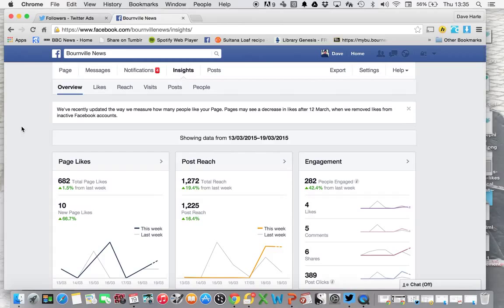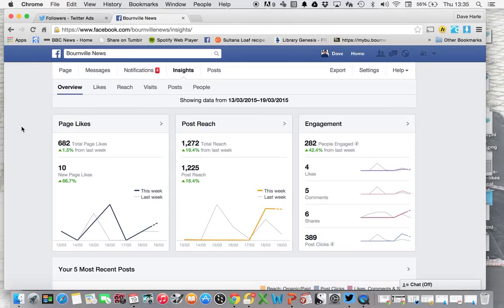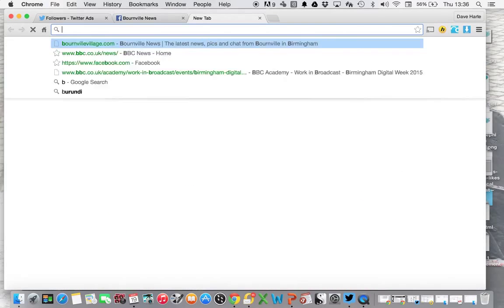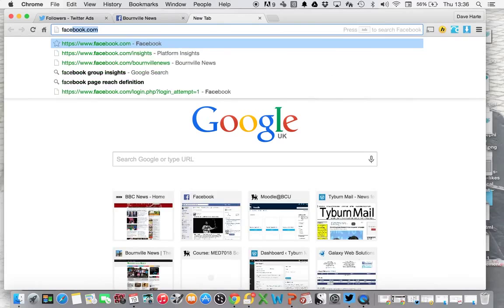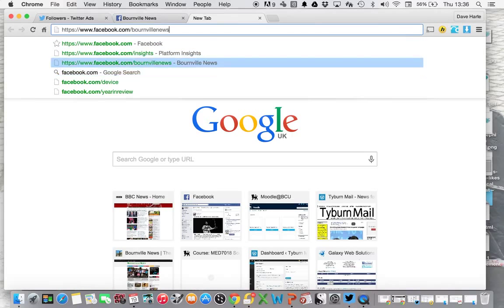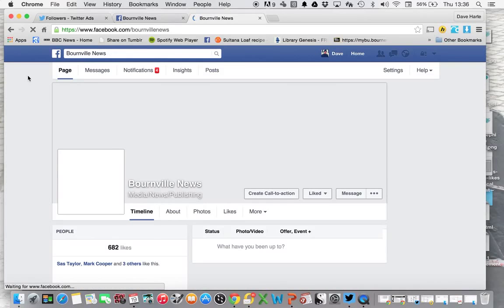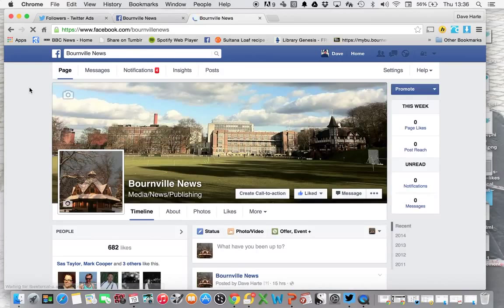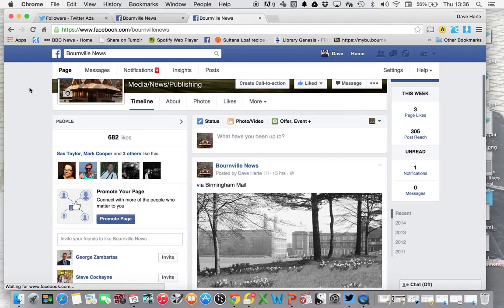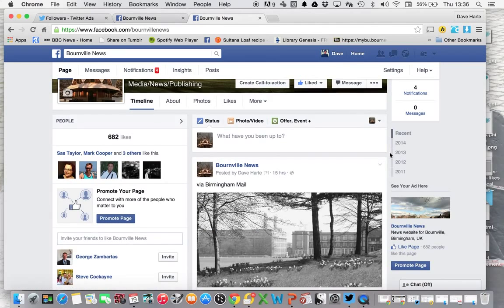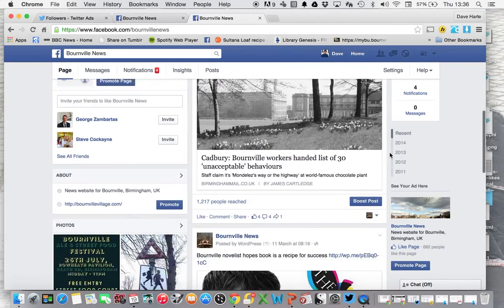Now, on Facebook, you get quite a lot of data, actually. You get information about page likes, who likes my page. And actually, why don't we open up the page while we're doing this, just so we can have a look. And there's the page. That's what it's like. So sometimes I link to Bourneville relevant content from elsewhere, like that.